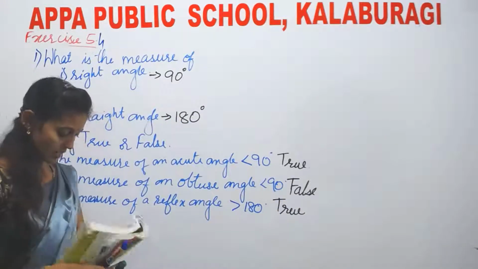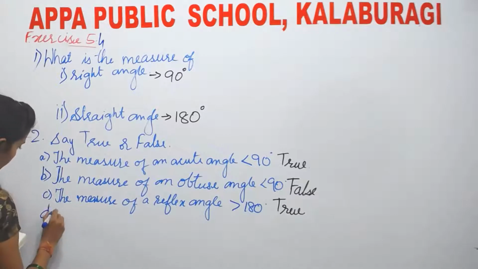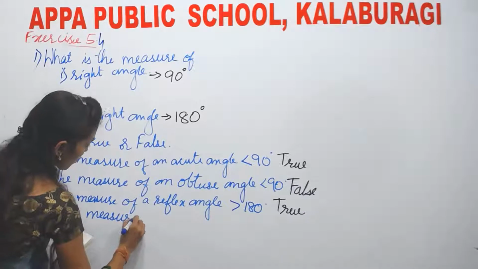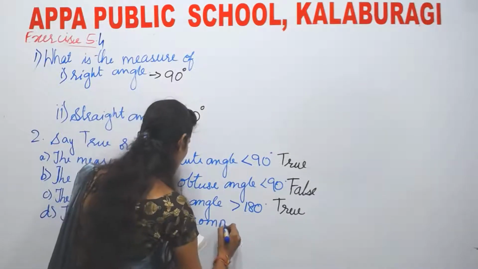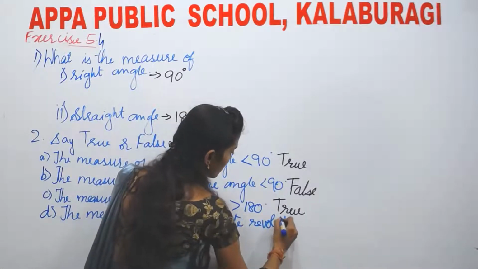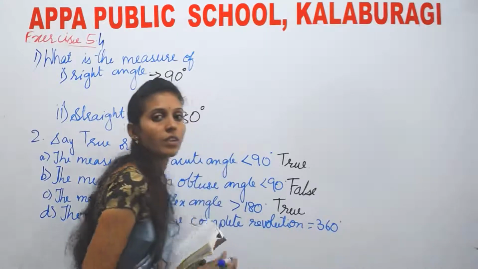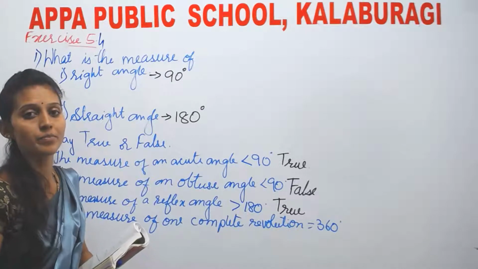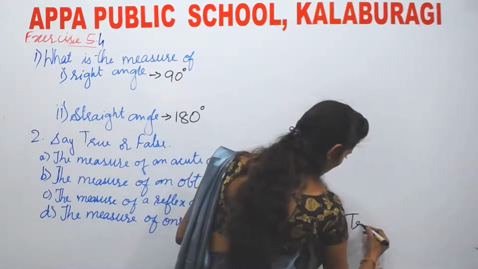Next, the measure of one complete revolution is equal to 360 degrees. What is the measure of one complete revolution? 360 degree only. So therefore, this is also true.